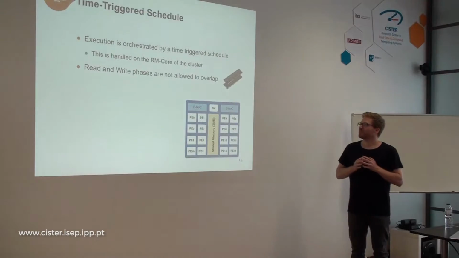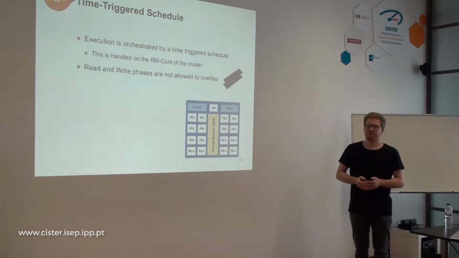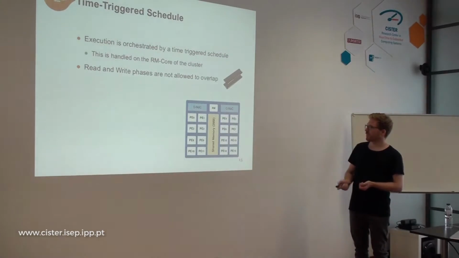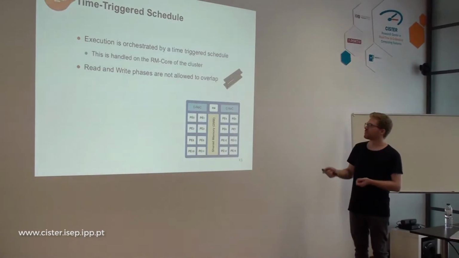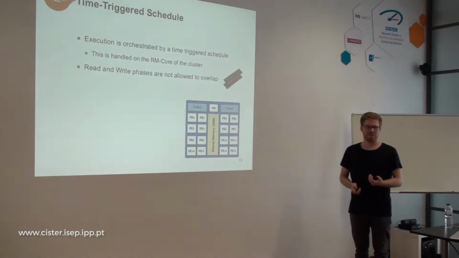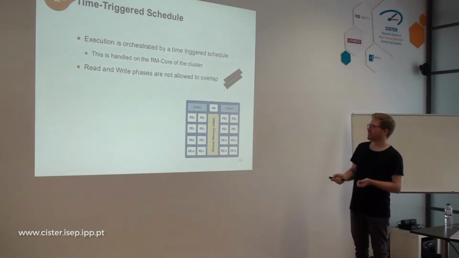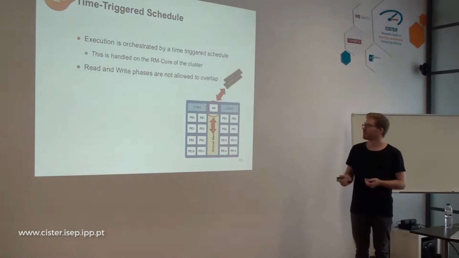Now coming to the time-triggered schedule, we use a time-triggered schedule to organize our execution. As I said before, we have this resource management core, which is intended to handle network on chip access, but we can of course do anything on this core. So this core is used to organize our time-triggered schedule, and our time-triggered schedule organizes the access to the limited resources, which in this case are the off-chip memory and the shared memory.